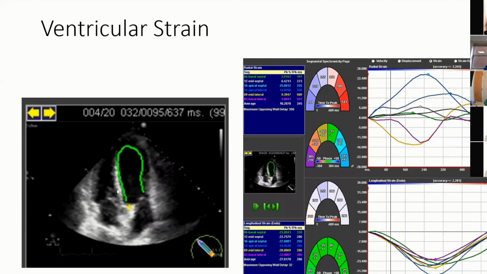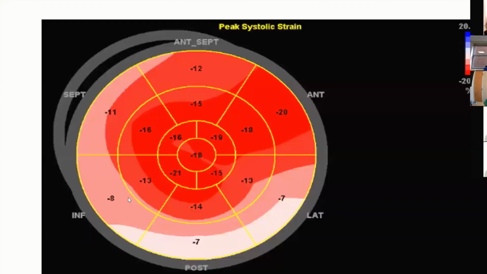If we look at this through the whole heart, in different views like an apical 4-chamber, an apical 2-chamber, or a long axis view, we can plot every little segment and see how much it contracts. You'll notice all these are negative numbers, because strain is traditionally described as how much something lengthens. So if it shortens, this is basically the percent that the green line would shorten.